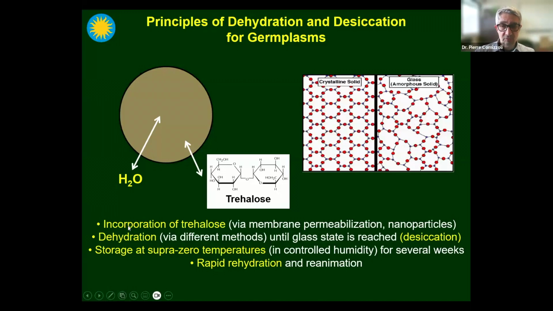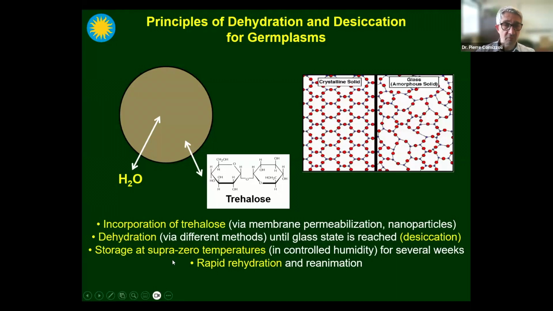So what we do is incorporate the trehalose. Unfortunately, in mammalian cells, we have to permeabilize the membranes, which is a little bit constraining, because trehalose is not a sugar that can cross the membranes. Then we have to remove the water, as I said, to reach this vitrification or desiccation at ambient temperature.